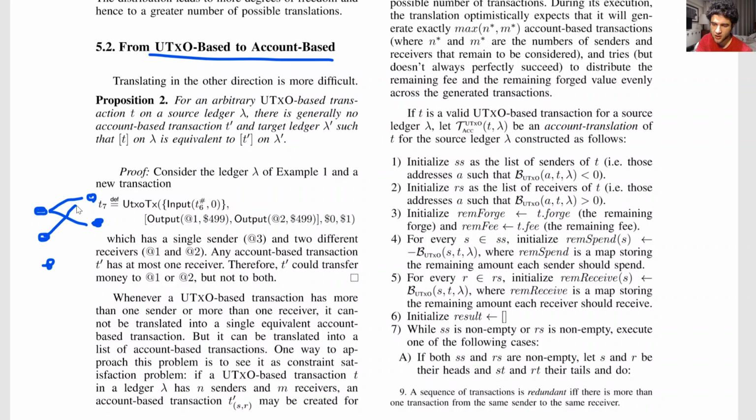In this scenario, the number of transactions you have to do in the accounting-based model is m times n, where m is the number of inputs and n is the number of outputs. Maybe I switched m and n compared to the paper, but the idea is the same. You'll end up with a large number of transactions, the number of inputs times the number of outputs, so we want to try and avoid that.